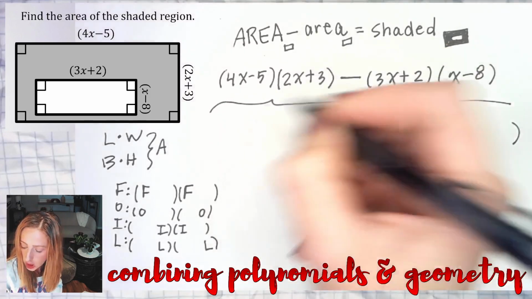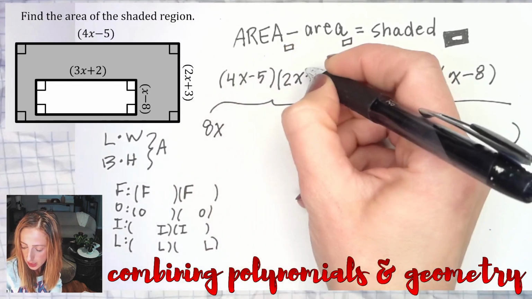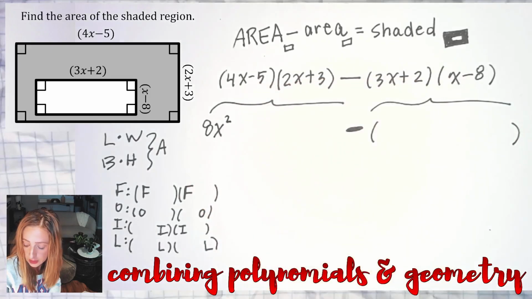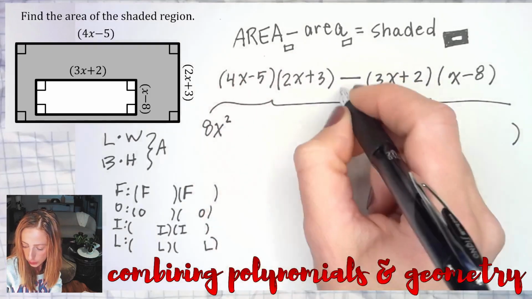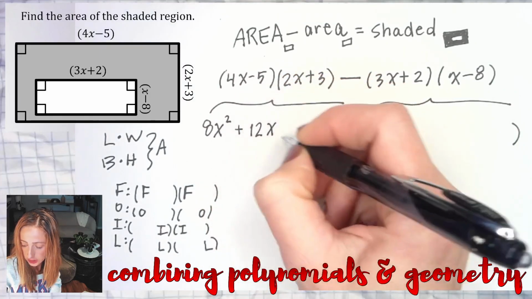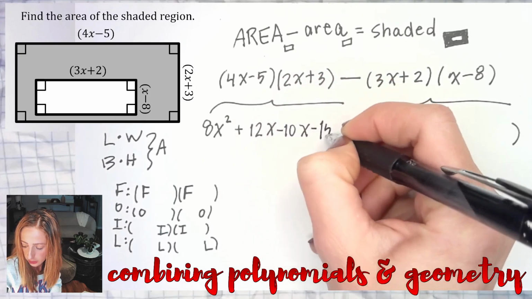Better late than never. So first times first gives you 8x. Keep in mind those are both x to the first, so when you multiply, you add your exponents on the variable: x squared. Outer is really 12x. Inner is negative 10x. Last times last is negative 15.